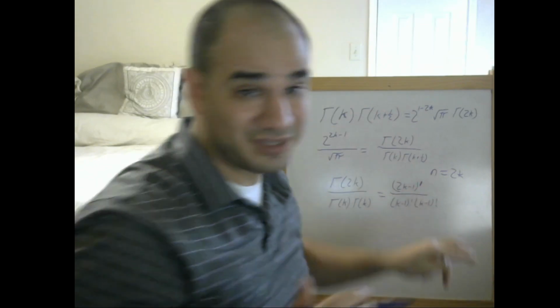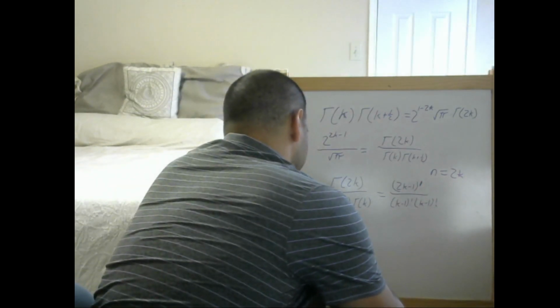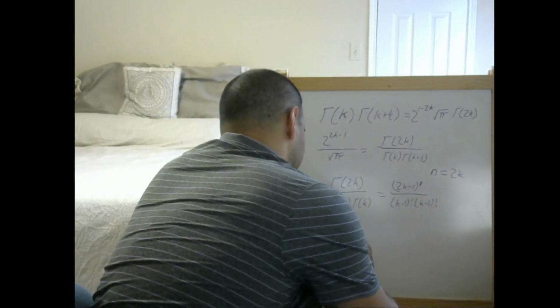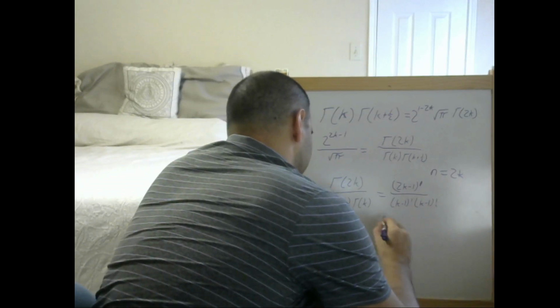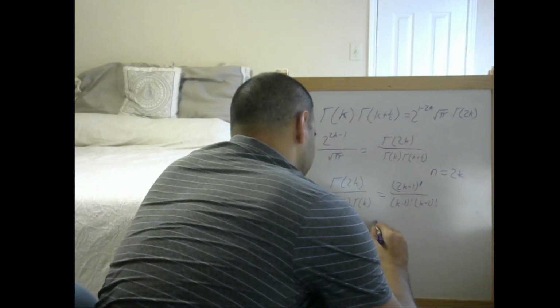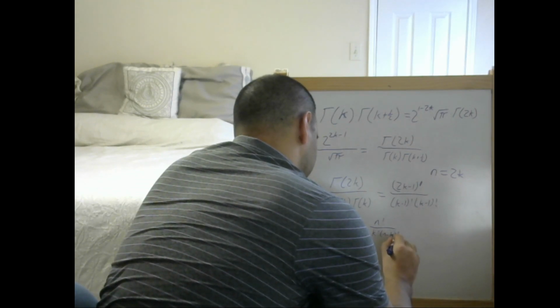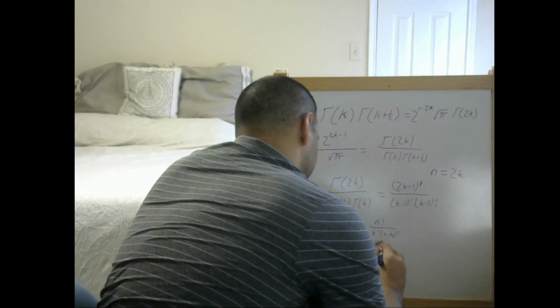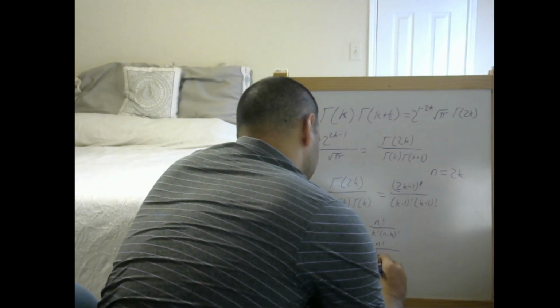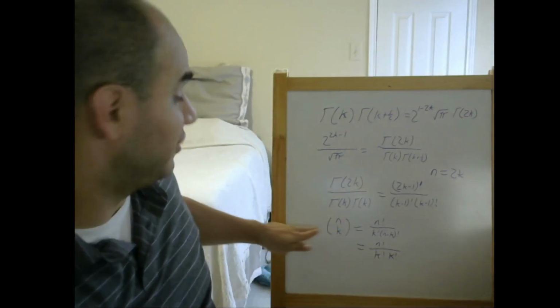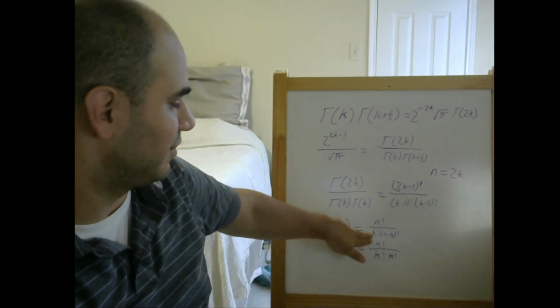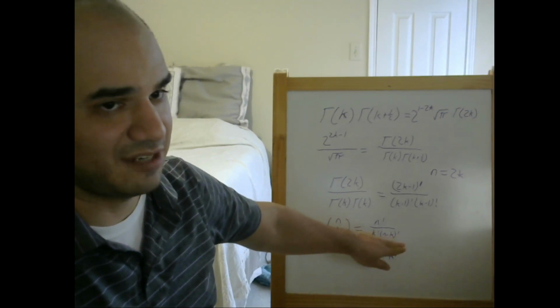Then the combinatoric function, right, n choose k is n factorial over k factorial times n minus k factorial.